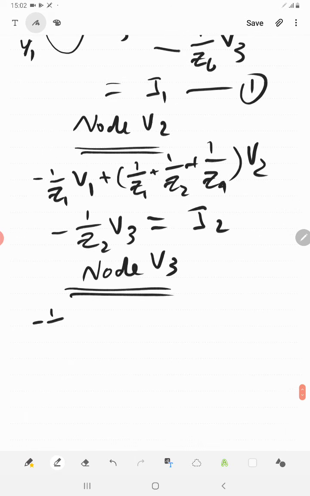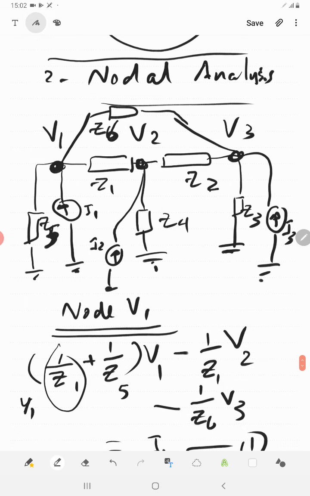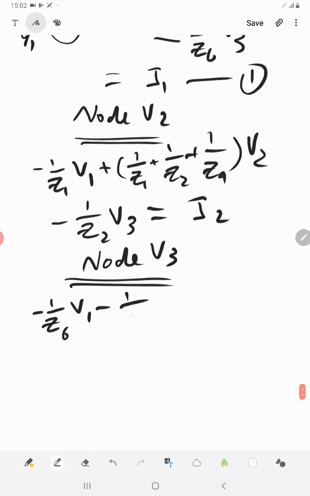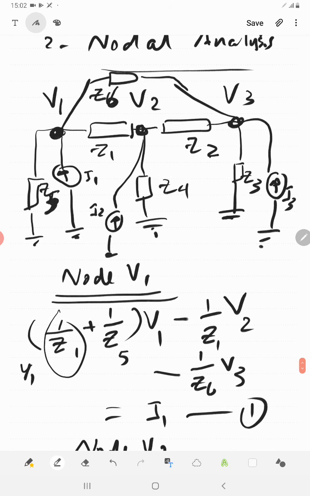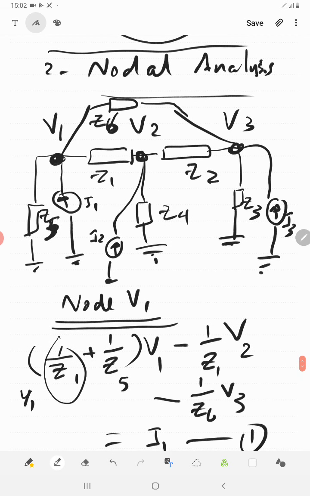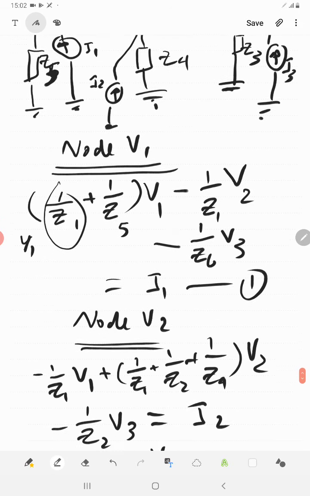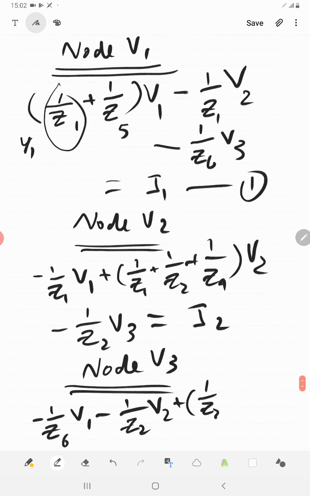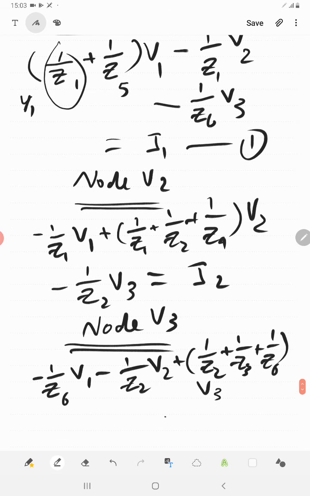So we say minus 1 over Z6 V1, minus 1 over Z2 V2, connected to node 2, plus we have Z2, Z3, and Z6, so 1 over Z2 plus 1 over Z3 plus 1 over Z6 times V3 is equal to I3, and this is equation 3, and this is equation 2.